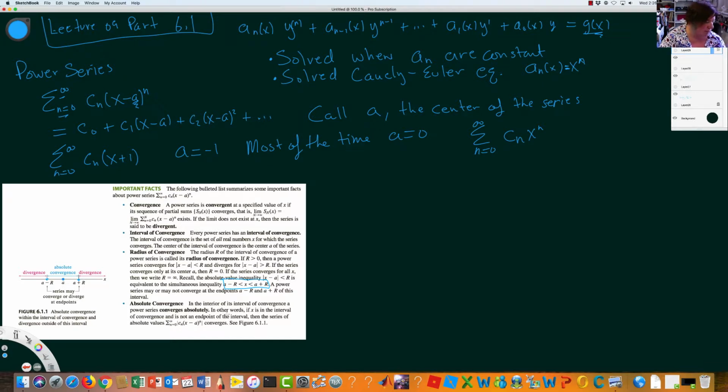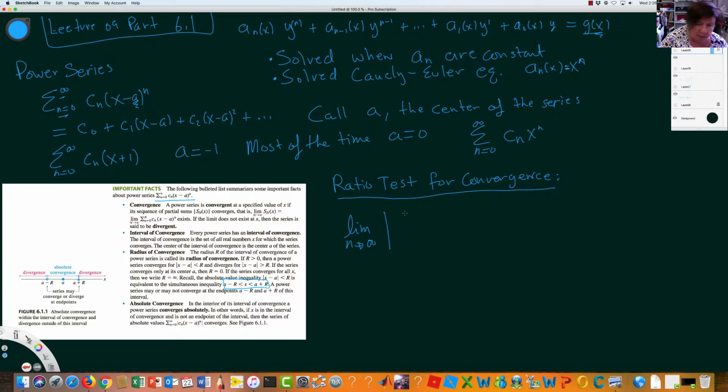Okay. And don't worry about this absolute convergence. So let's move on to the next thing where we look at something called a ratio test. And if you remember what a ratio test is, it's a test for convergence. Okay, well, what do we do? So given a series like this, the series that's defined right here, you take the limit as n goes to infinity of the absolute value of the ratio of two terms.